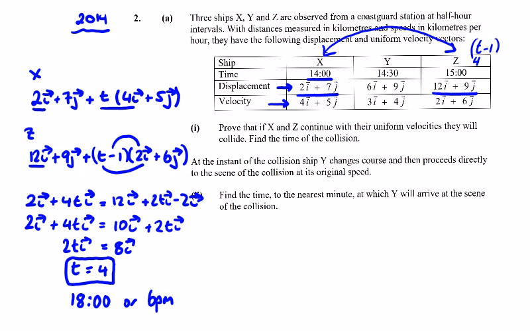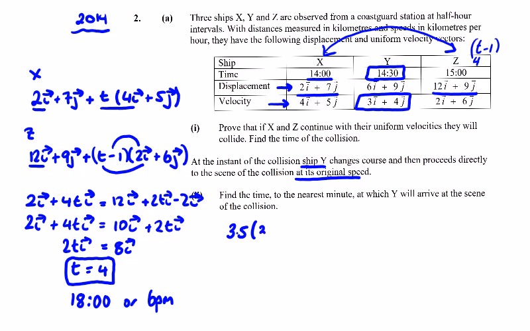And then at this instant, ship Y changes course and proceeds directly to the scene of collision at its original speed. Okay, so Y is observed at 14:30. So up to 6 p.m. it's 3.5 hours. So its velocity is 3i plus 4j.